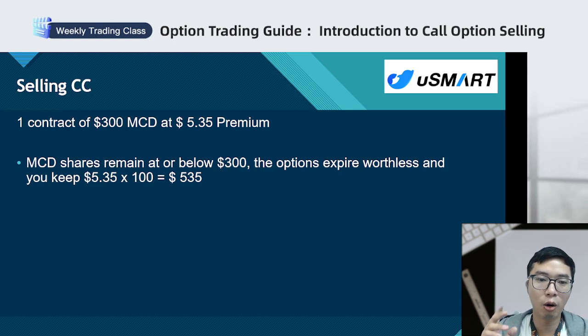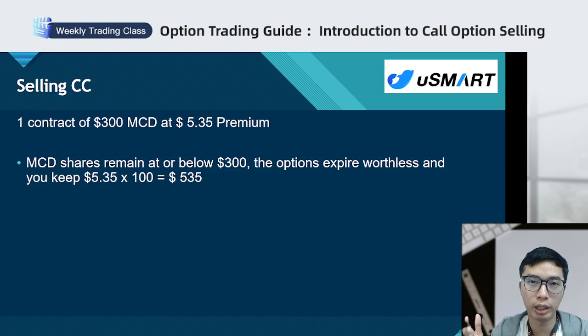How much do you need to open one covered call? Remember, for one contract, you need to own at least 100 shares. So if the MCD shares remain below $300, the options will expire worthless and you will keep the premium. So as a call seller, our maximum profit will be the premium.